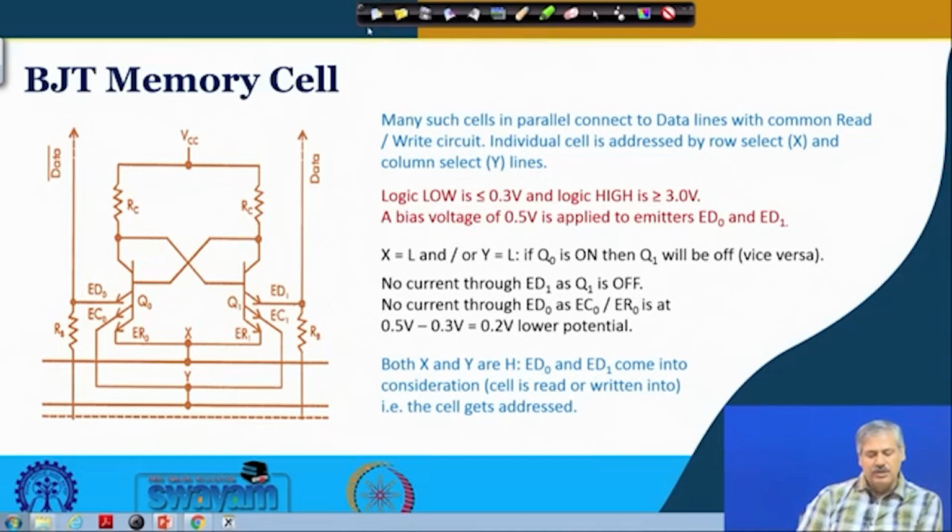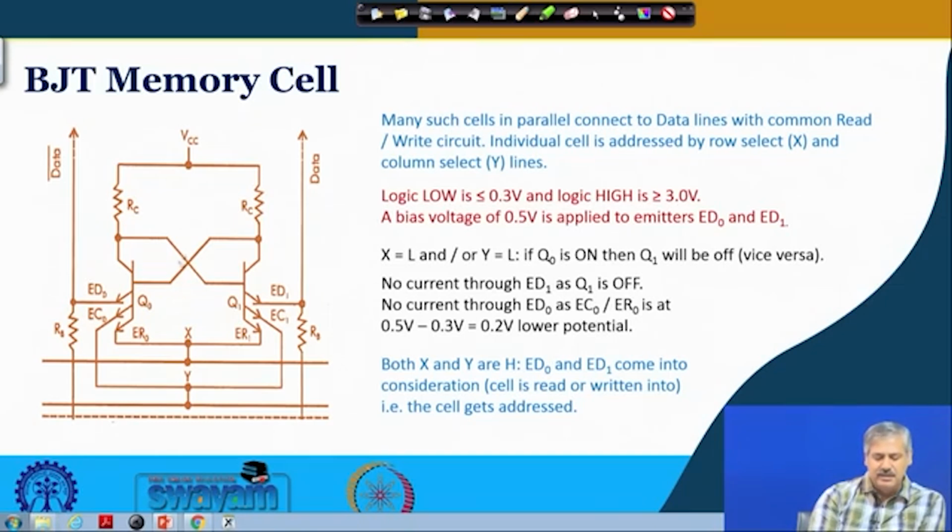Fine. So, when both X and Y are high, that means this memory cell is now accessed. When these are high, this particular line will be operative. The current will now be flowing, because during read operation it is 0.5 volt or so. Write operation, we shall see what is happening at that time. The current will be directed in this direction.